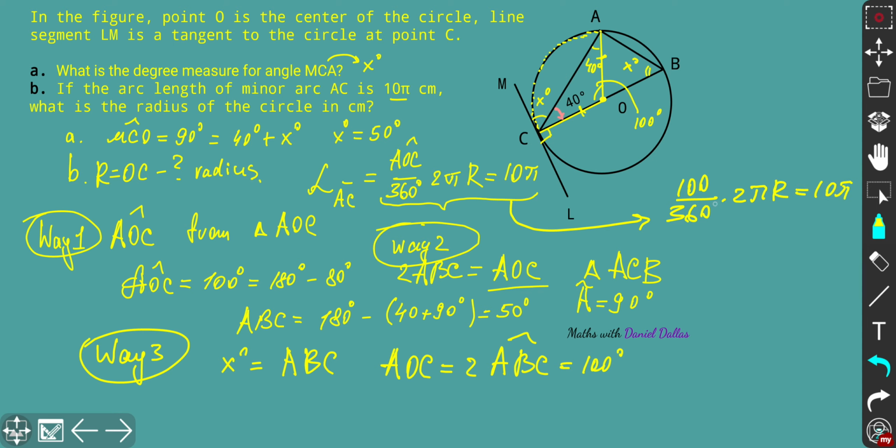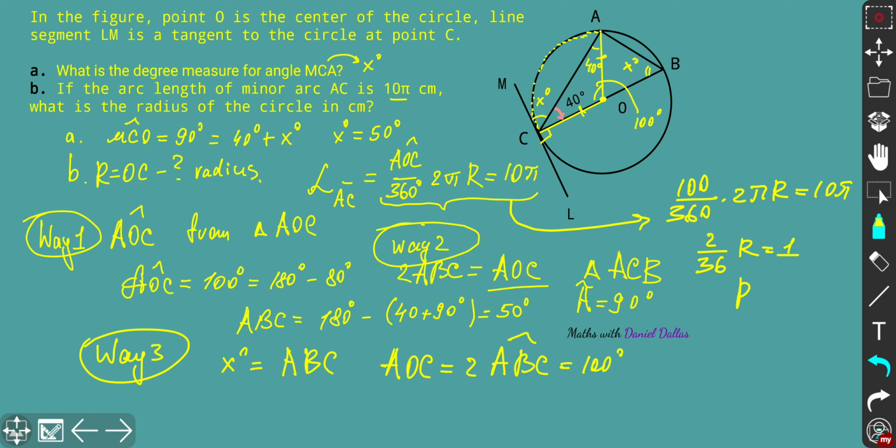So first, what I'm going to do, I'm going to cancel. 100 and 360 can be cancelled by 10, right? And the 10 on the right side will also be cancelled. So you'll get 2 over 36, and pi will also be cancelled on both sides, is going to be equal to 1.